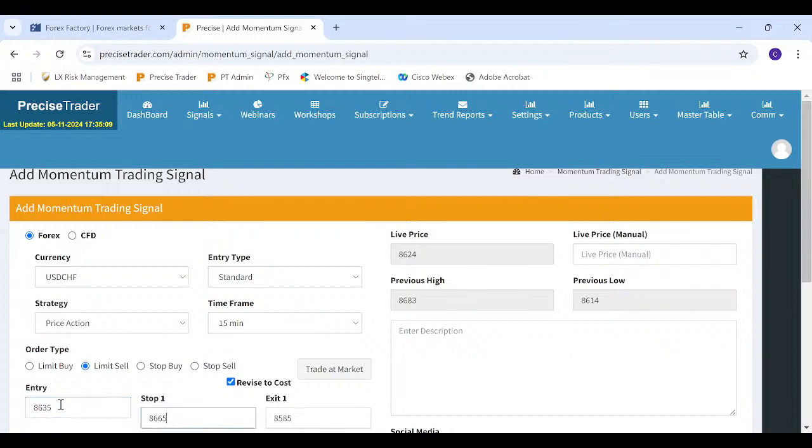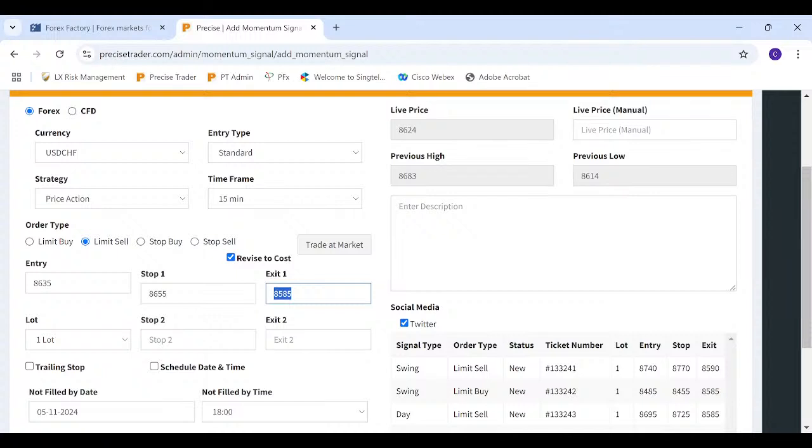86.35. Stop at 55, and I think we will go for a conservative exit. We'll go for a conservative exit at 85. In fact, remember earlier on was 70 and 65.